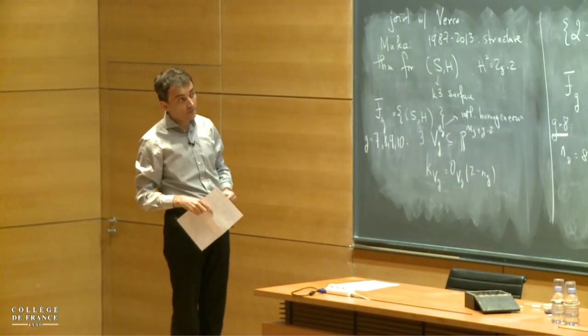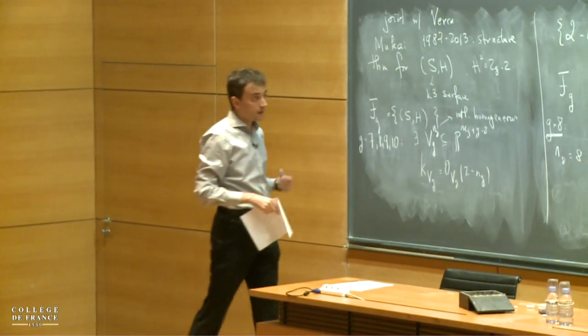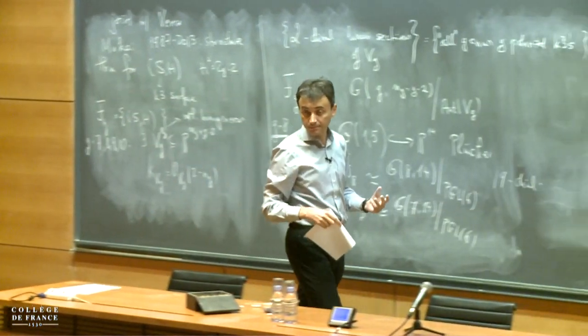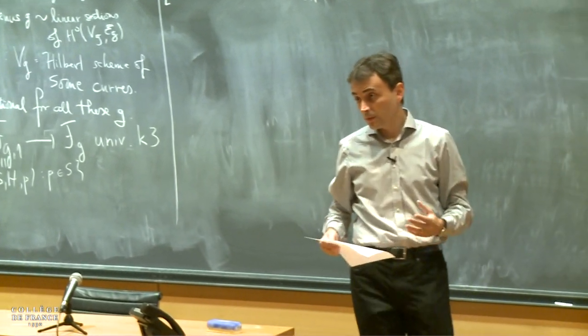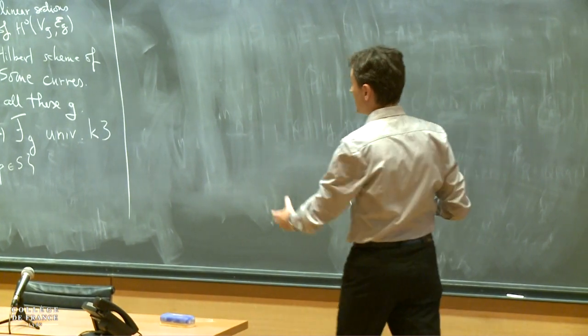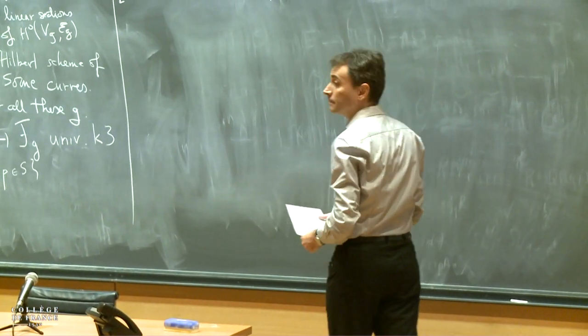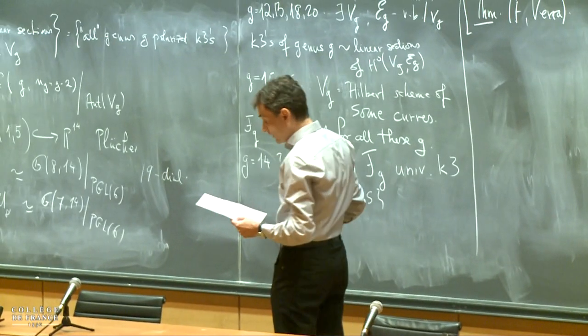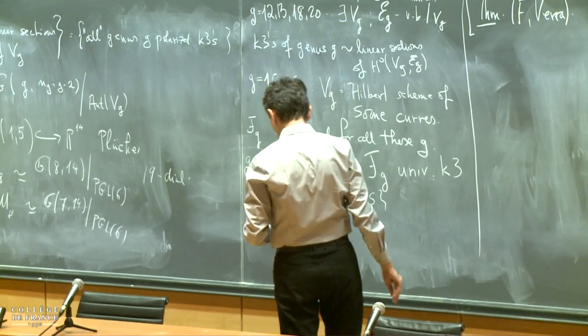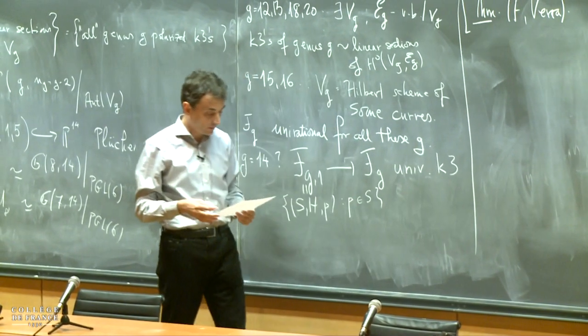Instead, it understands K3 surfaces of this genus via cubic fourfolds. And now I have to make a little detour into the world of cubic fourfolds and explain how this is possible. So this was so far a summary of why genus 14 is relevant in this situation, because it's the first genus where we don't know the situation.